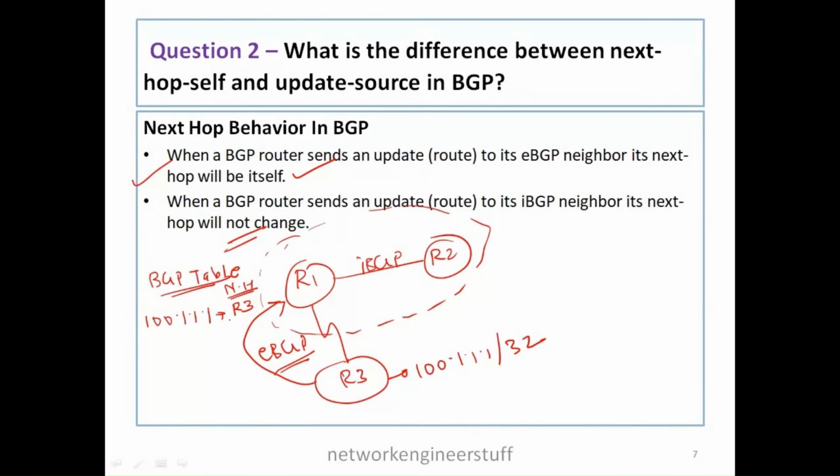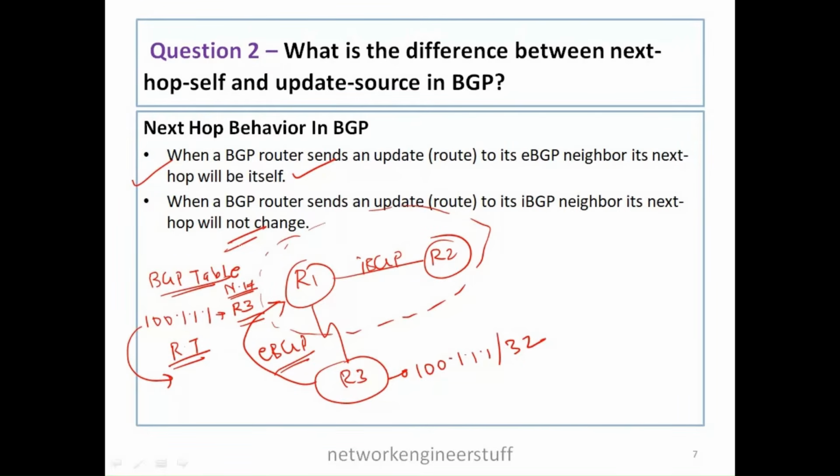Now, since R1 has this in its BGP table, it will also install it in its routing table. Since R3 is reachable from R1, once the next hop is reachable, R1 will install that 100.1.1.1/32 route in its routing table.